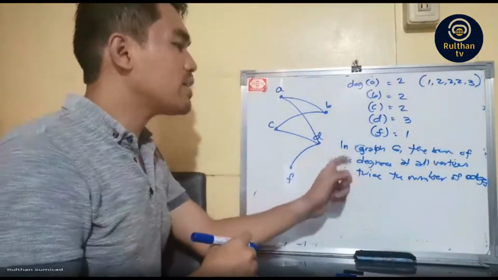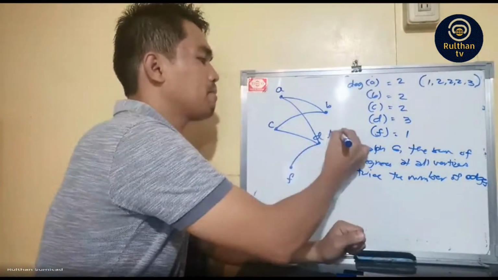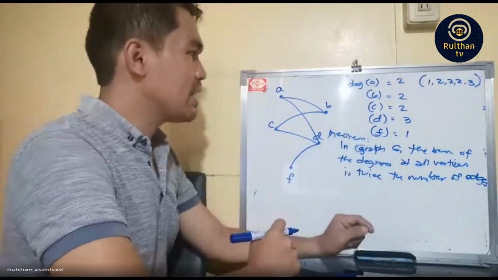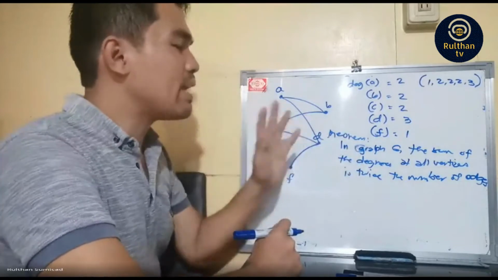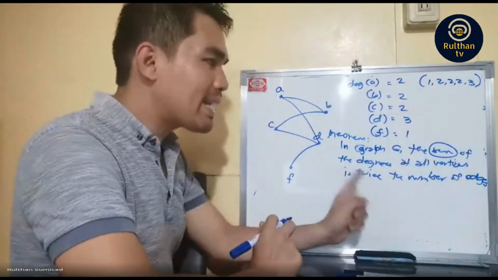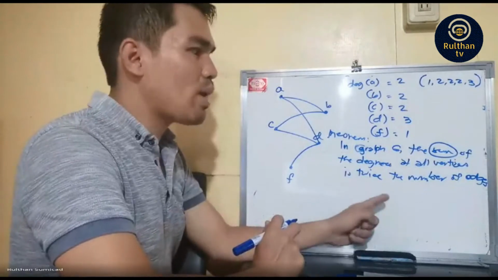So according to this theorem, in a graph, the sum of the degrees of all the vertices is twice the number of edges.